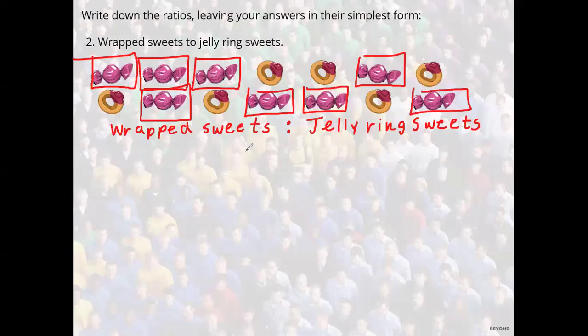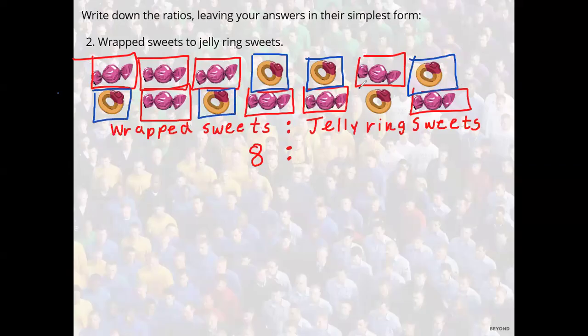So 8 wrap sweets to what? Jelly ring sweets. How many jelly ring sweets do we have? 6. Let's count. This is 1, this is 2, this is 3, this is 4, this is 5, and this is 6. Yes, I got 6 as well. So we got 8 to 6.